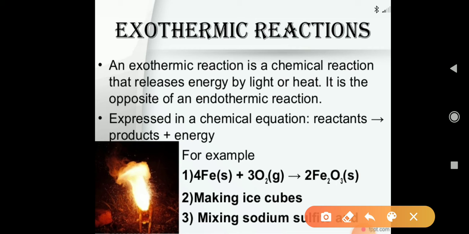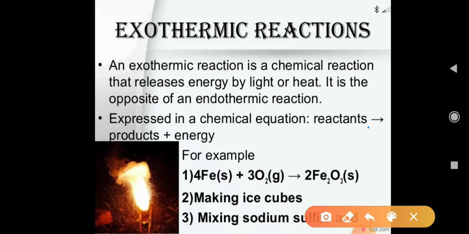In an exothermic reaction, heat energy is given out from the reaction, or we can say heat is the product of the reaction. So when heat is given out in the reaction, it is called an exothermic reaction.